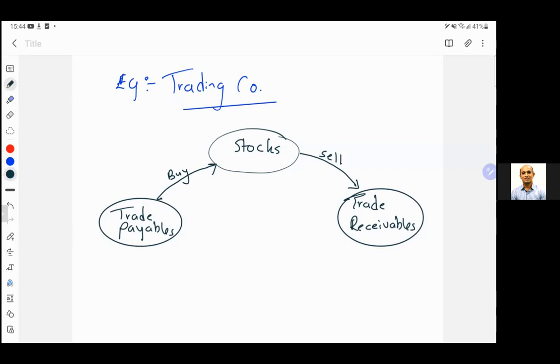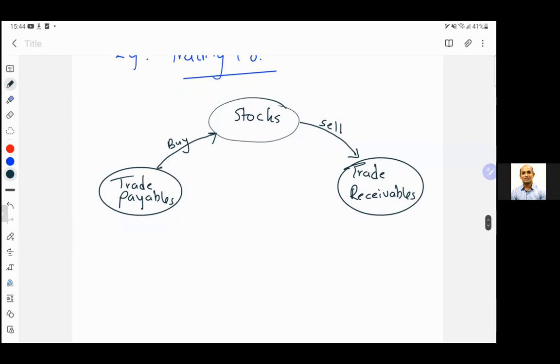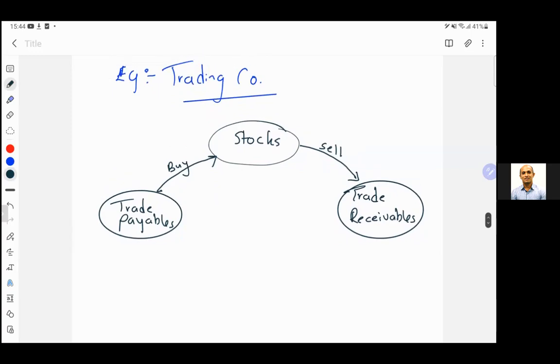If you sell stocks on credit, you have trade receivables. Then you receive cash later. Now, until you receive cash, you don't have cash to pay your day-to-day expenses.